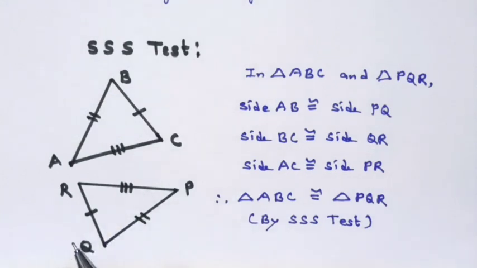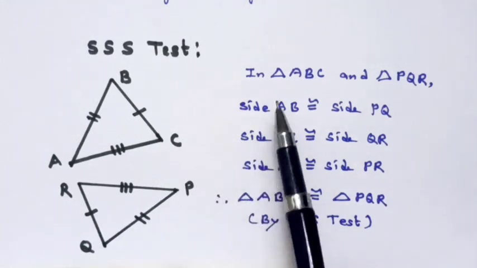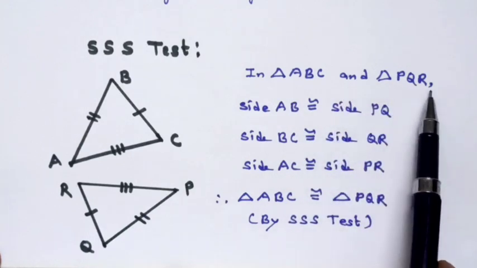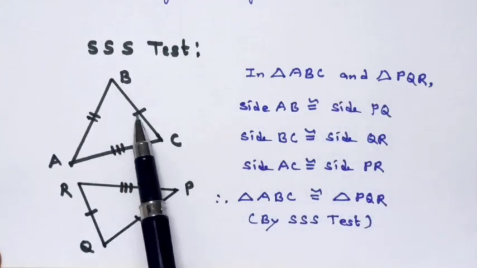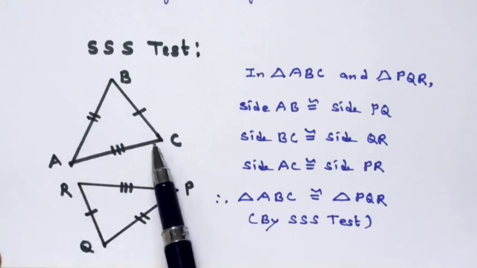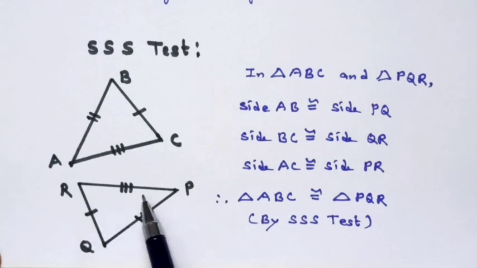Here, congruent sides are shown in the figure. They are marked. So, write in triangle ABC and triangle PQR. Look at this mark 1, 2 and 3. Here also mark 1, 2 and 3.